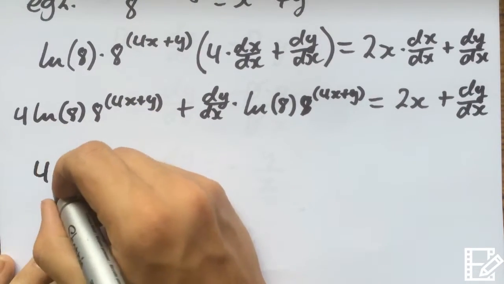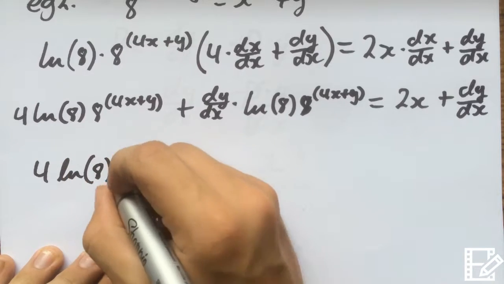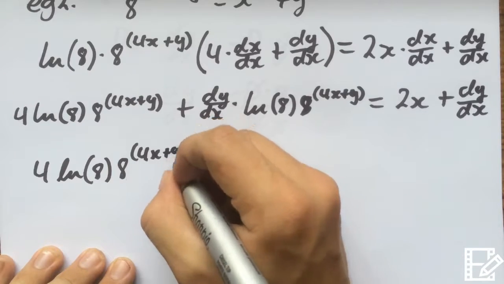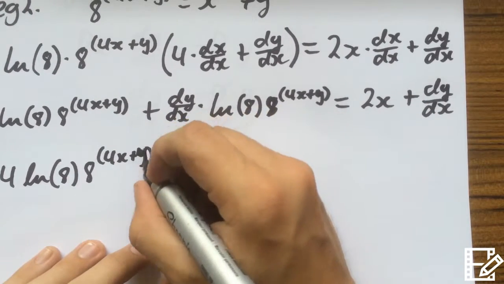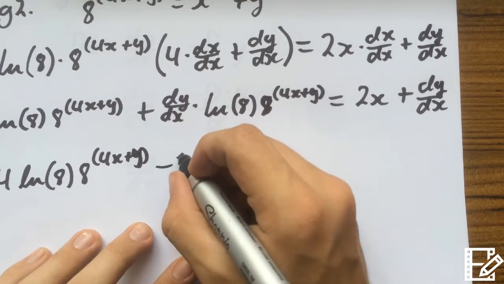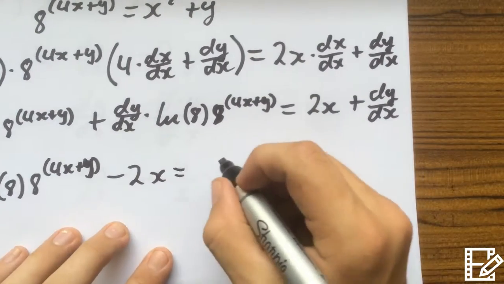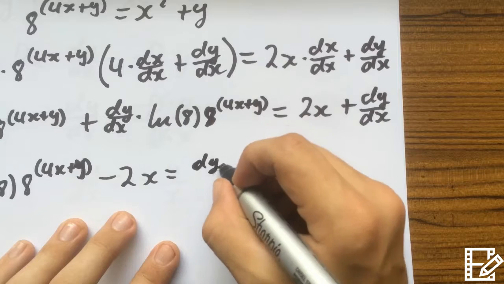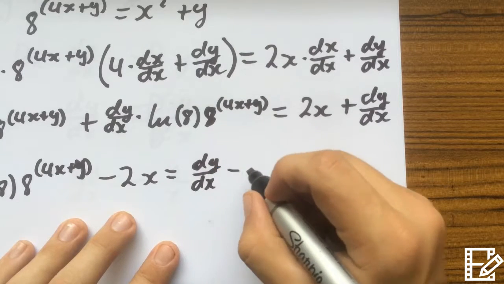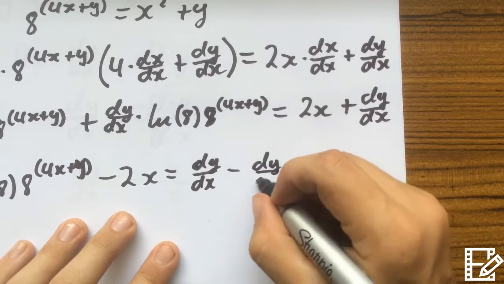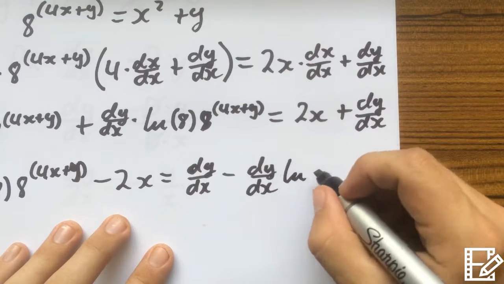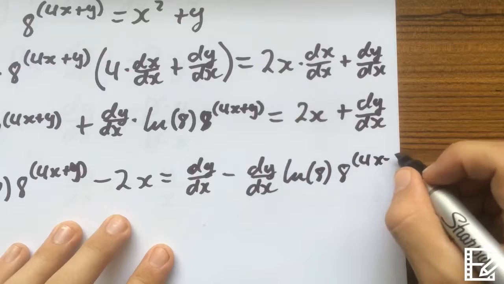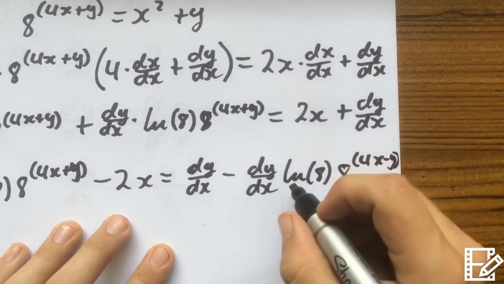So we're going to have 4 ln of 8 multiplied by 8 to the power of 4x plus y minus 2x equals dy over dx minus dy over dx ln of 8 to the power of 4x plus y.